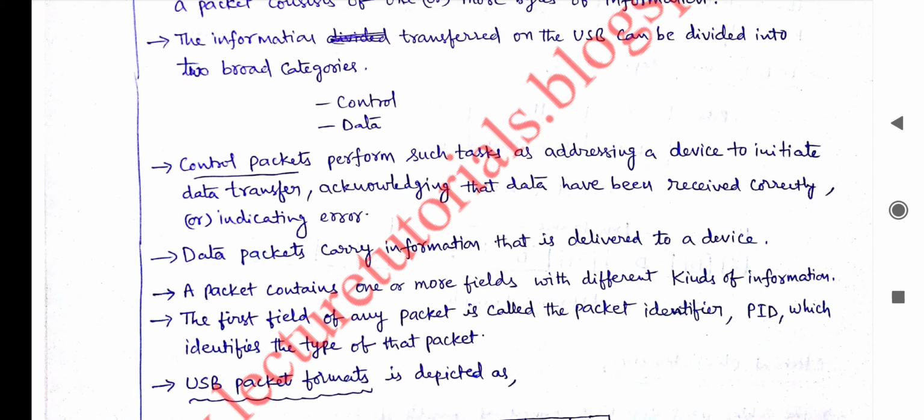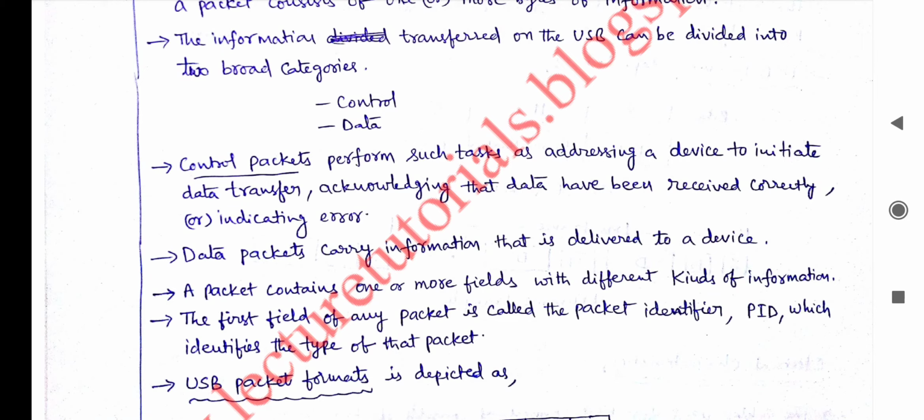So we need to give some identification number for each and every packet. That is the packet identifier, we call it a PID. First packet, second packet, third packet, fourth packet, like that, which identifies the type of the packet.